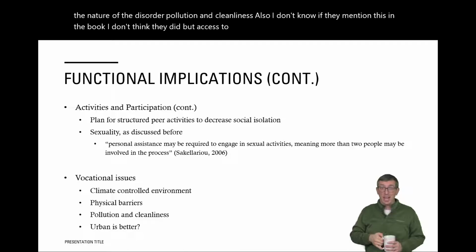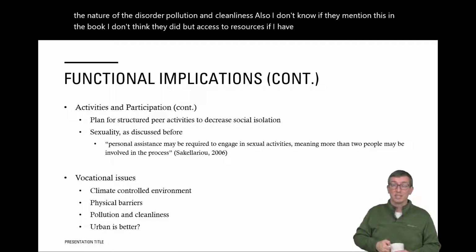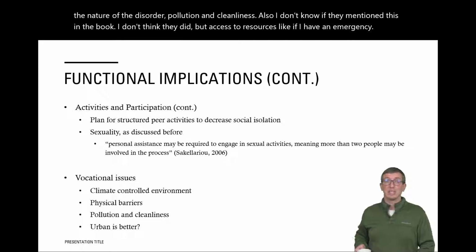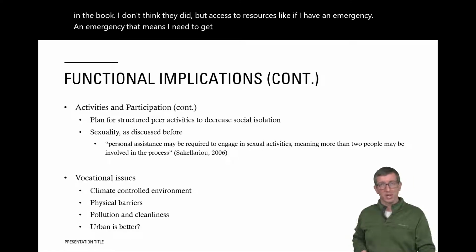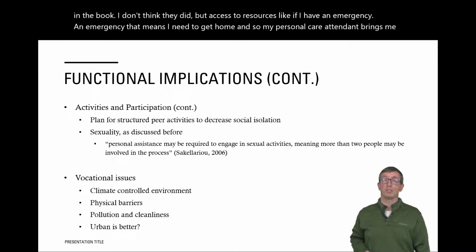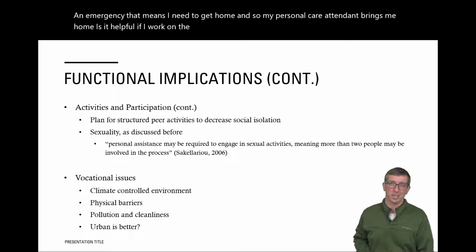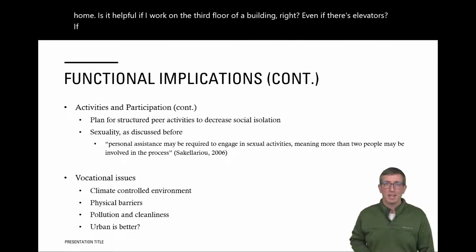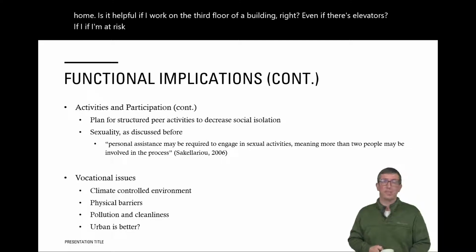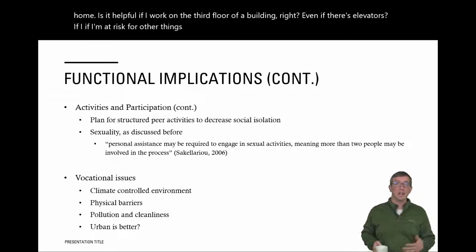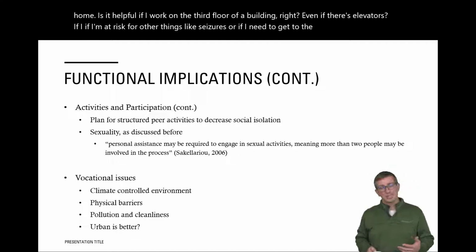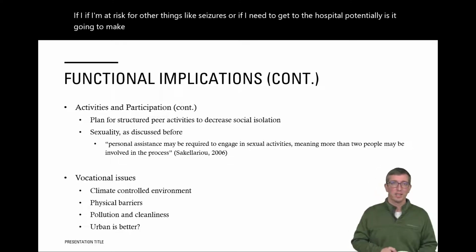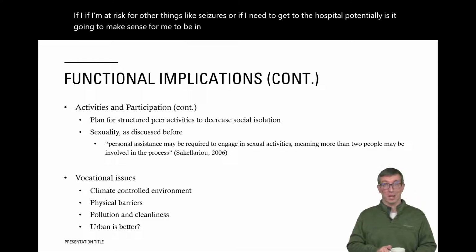Like if I have an emergency that means I need to get home, and my personal care attendant brings me home, is it helpful if I work on the third floor of a building, even if there's elevators? If I'm at risk for other things like seizures, or if I need to get to the hospital potentially, is it going to make sense for me to be in an environment far away from a hospital?